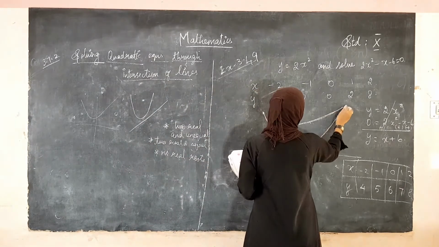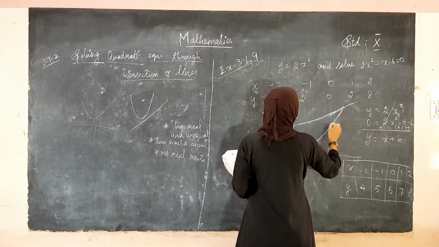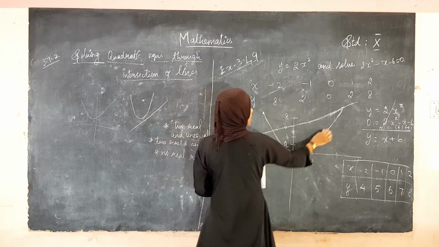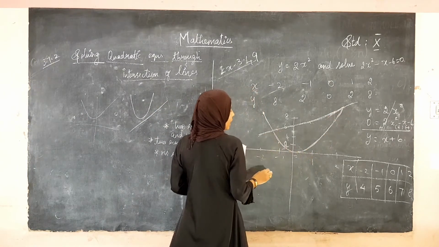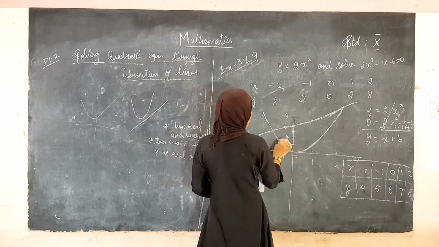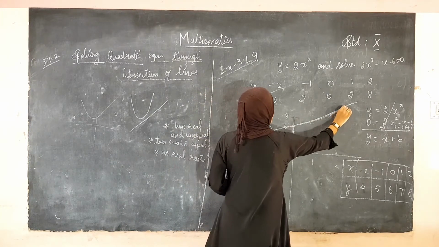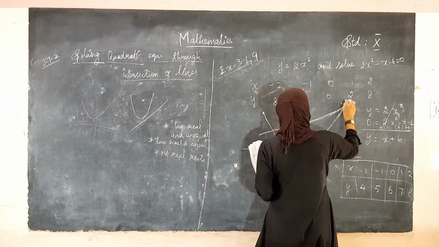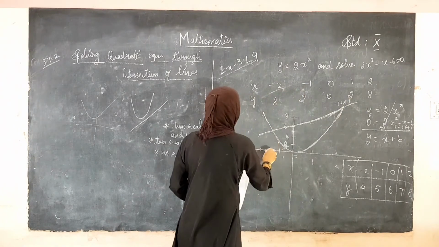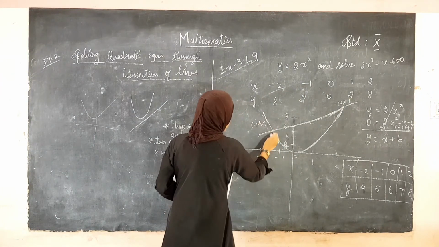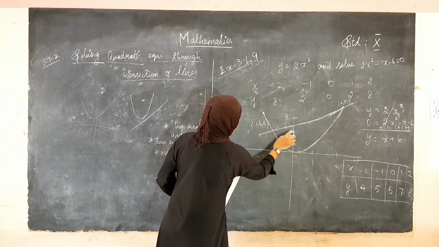See, 2 comma 8 is here, right? So this is the straight line and this is the parabola. Now you have to find the nature of the roots. See the line and the graph. The line touches the graph that we have drawn at 2 points, right? This is 2 comma 8 and this point is minus 1.5 comma 5.